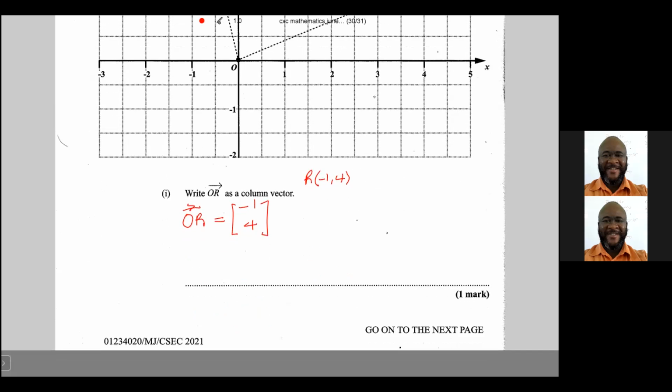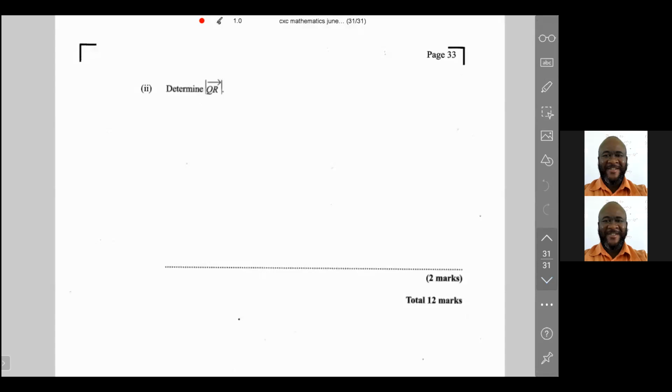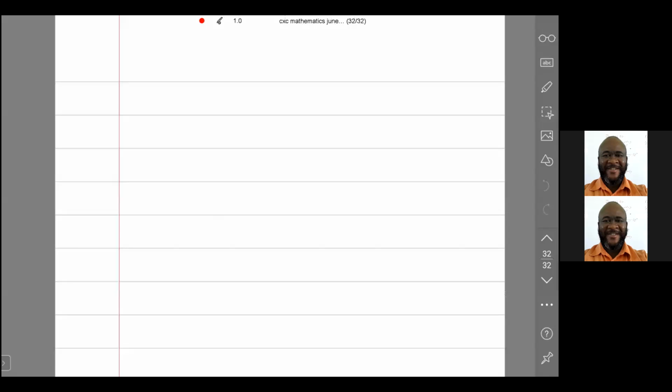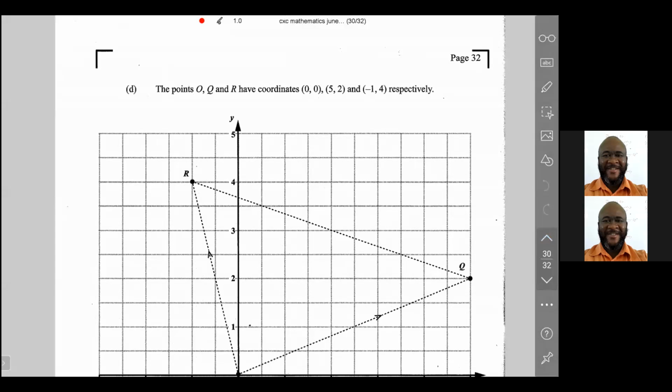All right. And let us see what else we need. We need to determine the magnitude of the vector QR. So, sorry, wrong direction. Let's identify QR as QR is here.